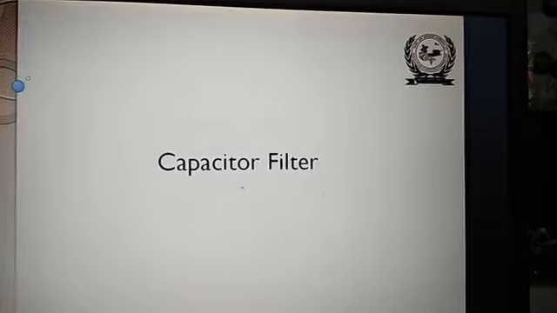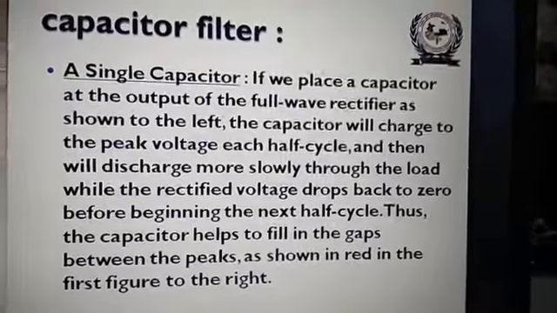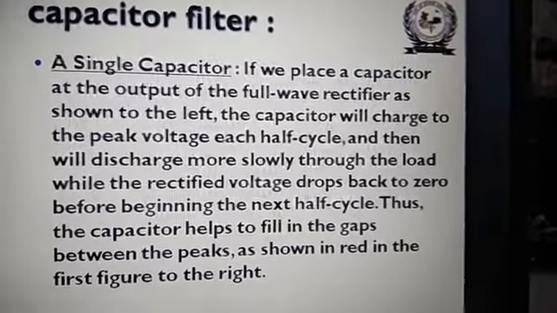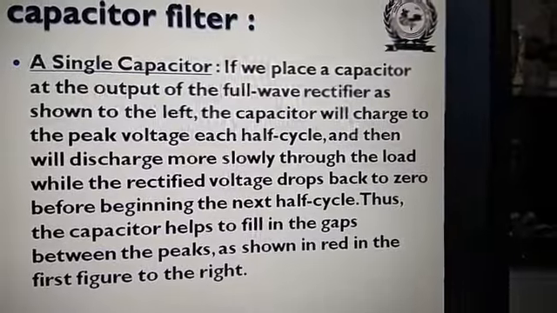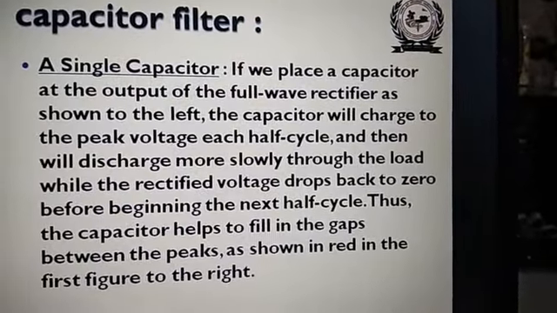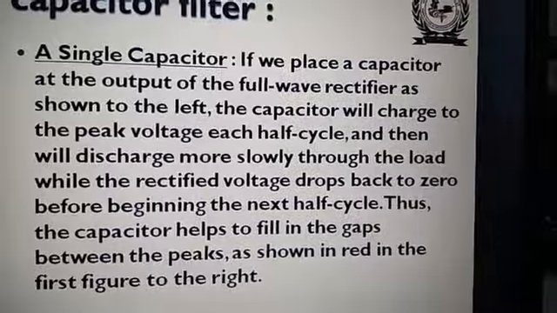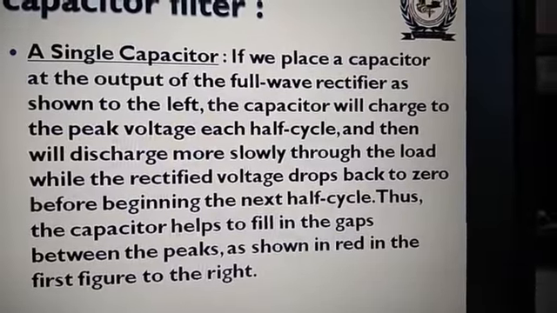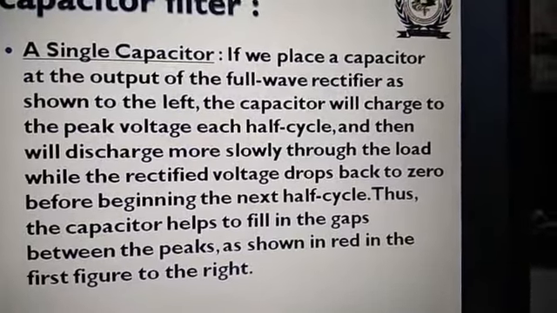Next one is the capacitor filter, a single capacitor. If we place a capacitor at the output of the full wave rectifier, as shown to the left, we have already seen the figure and I will show it again.